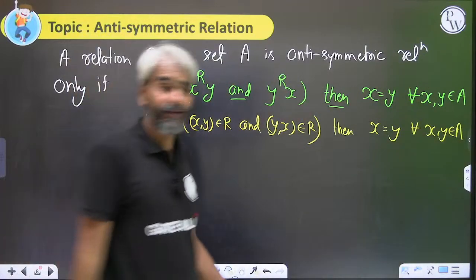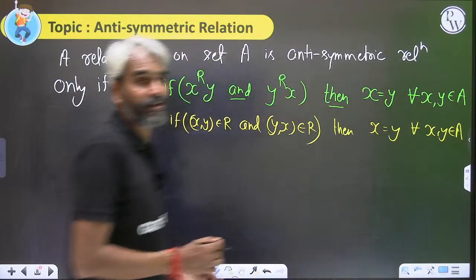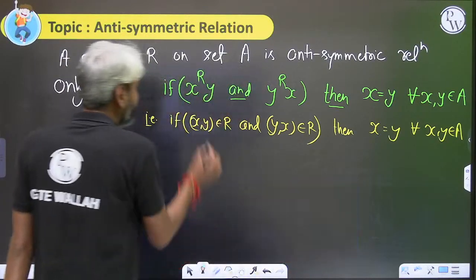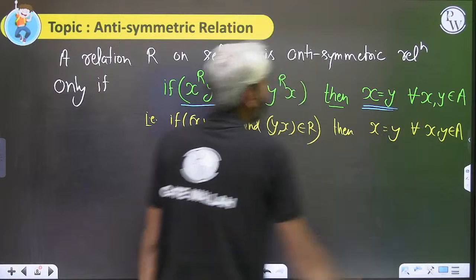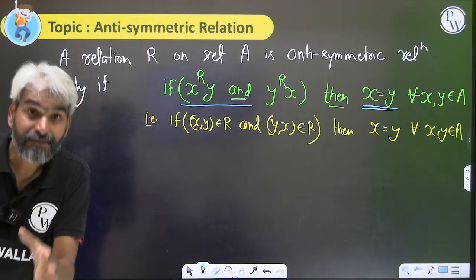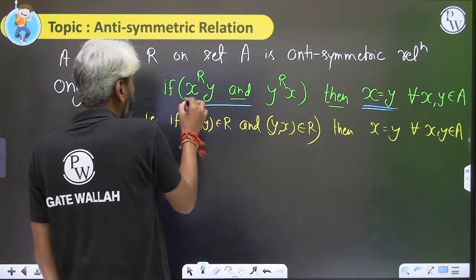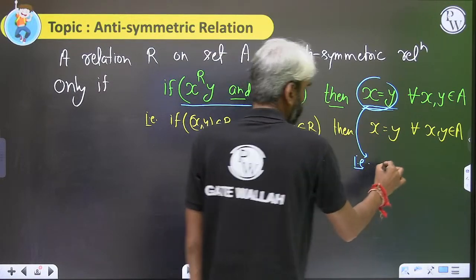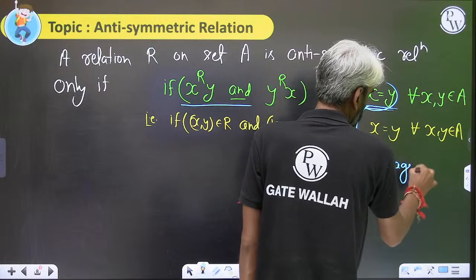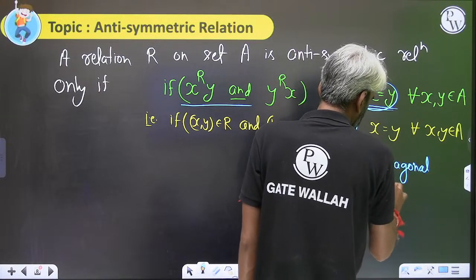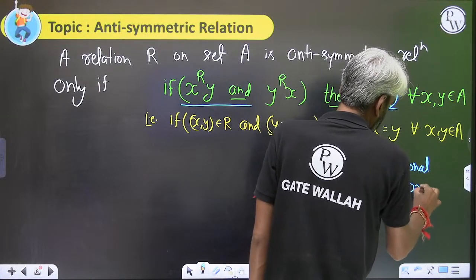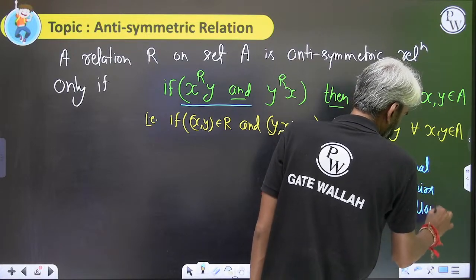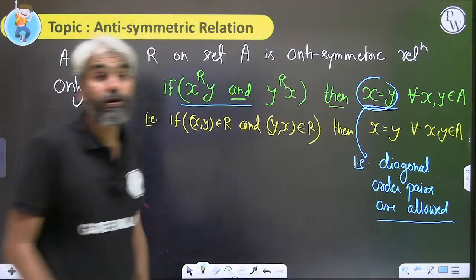Now, sir, what does it say? The meaning of this definition is that if both x comma y and y comma x are present, then x should be equal to y. That is, diagonal ordered pairs are allowed.